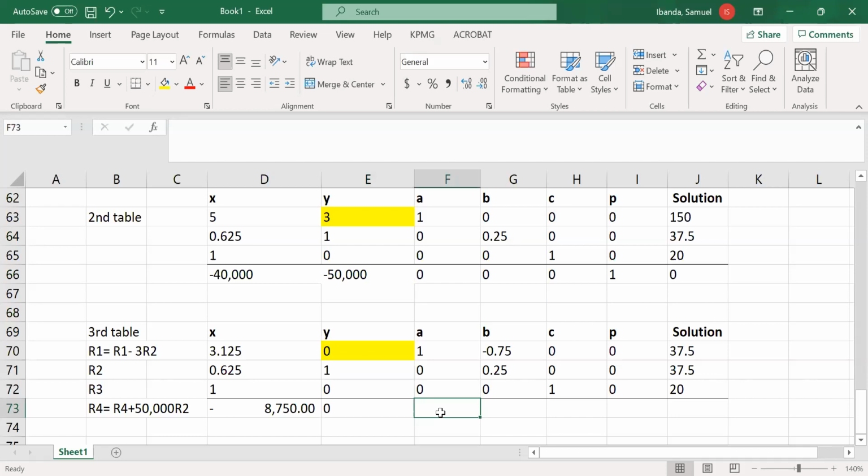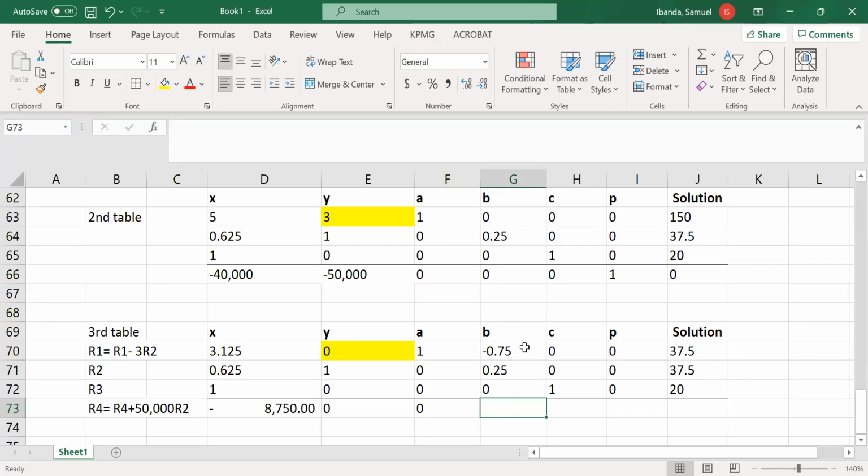So remember, here we have 0, 0. So definitely the answer is 0, because it will be 0, which is down here, plus 50,000 times 0. So you come to 0. Let's try here.